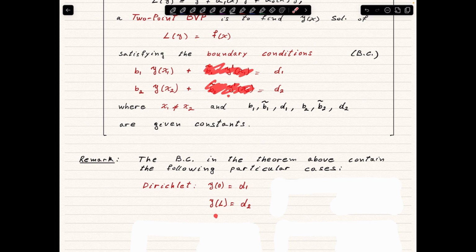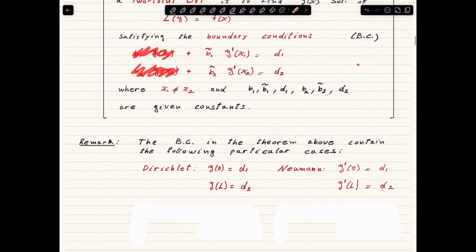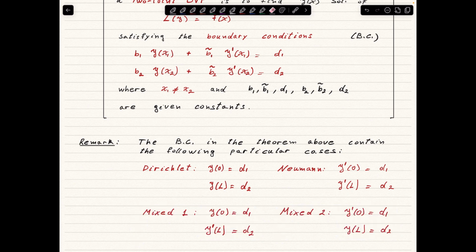Then we are interested also in the Neumann boundary condition, which contains only the derivative in the 2 equations, so these 2 coefficients here are 0. And then we have the mixed boundary conditions, which are 2 of them. In the first one, the first equation contains the function and the second the derivative, and here is the opposite. The first equation contains the derivative, the second the function, which are again particular cases of these boundary conditions.